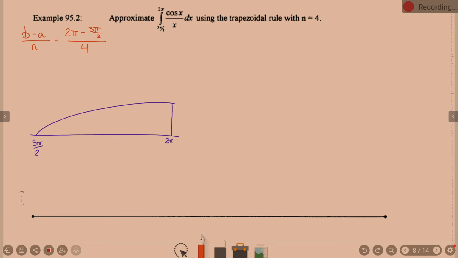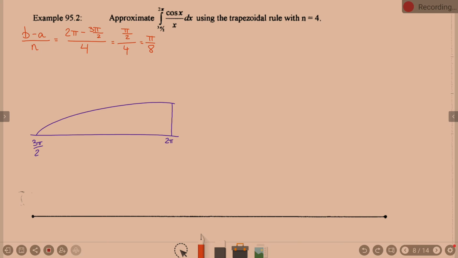What is 2 pi minus 3 pi over 2? That's just pi over 2. So it's pi over 8. So 2 pi minus 3 pi over 2 is pi over 2 divided by 4. Pi over 2 times 1 over 4 is indeed pi over 8. So each interval is pi over 8 wide.